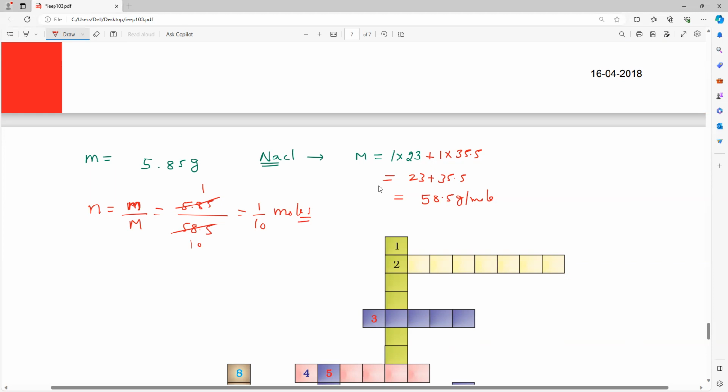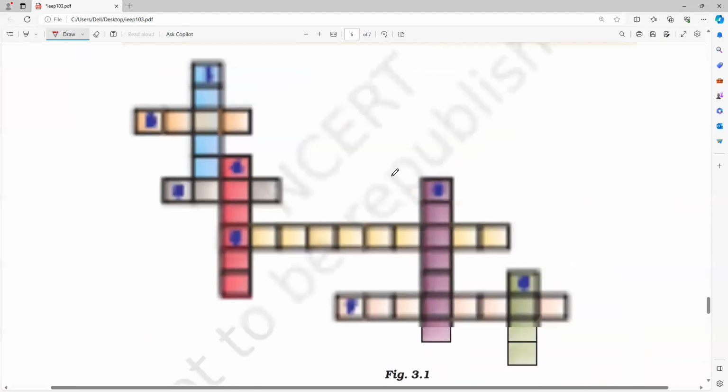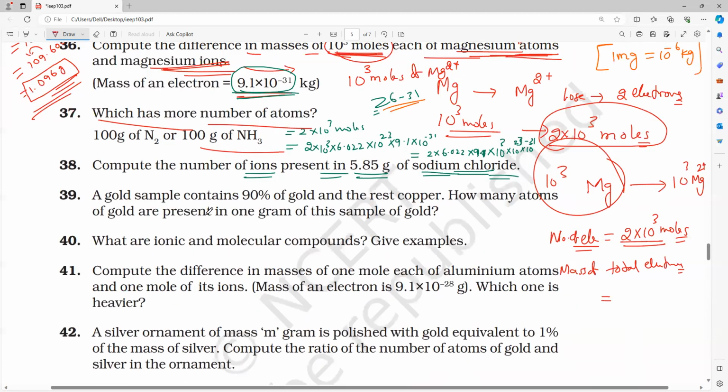Now, they are asking, you all can notice it. What is the question actually? Compute the number of ions present in 5.85 grams. Ions means what? They are not specifying positive ions or negative ions. Total ions. What are the ions present in sodium chloride? Sodium ions plus chlorine ions. Am I right or wrong, everyone?